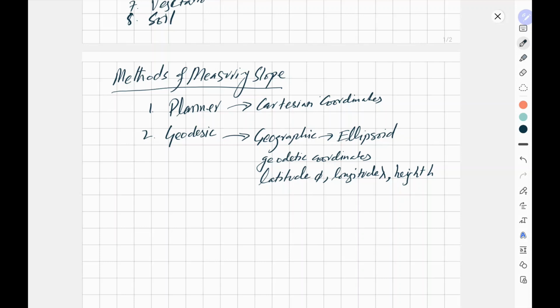This is known as geographical coordinate system, in which the earth is considered ellipsoid.